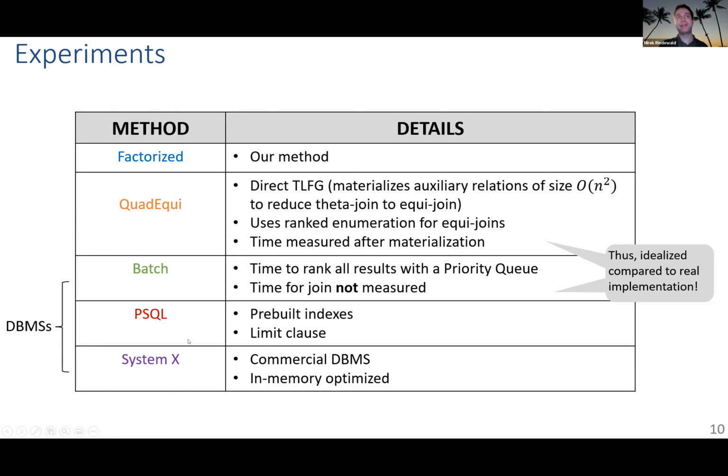And then we're running this as a SQL query in PSQL, which is Postgres, and SystemX, which is a commercial database. And here we're especially looking at a memory optimized execution, to make it actually really as good as possible for relations that fit in memory. Also, I want to mention that in both cases we're using pre-built indexes. So this database really has the best possible way of implementing it, and we're leaving it up to the optimizer to pick the best possible plan.